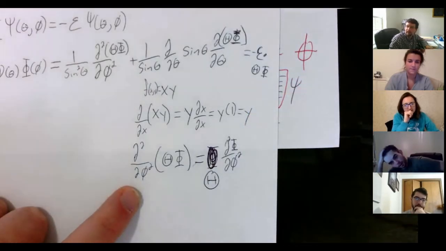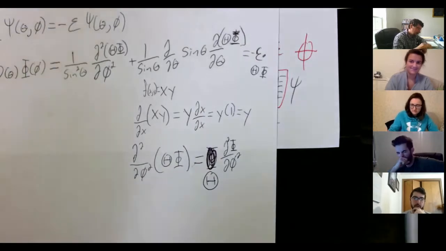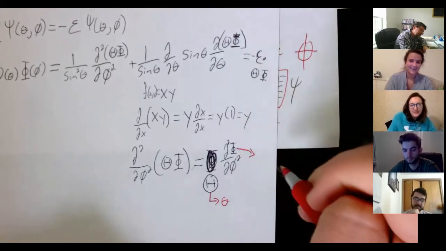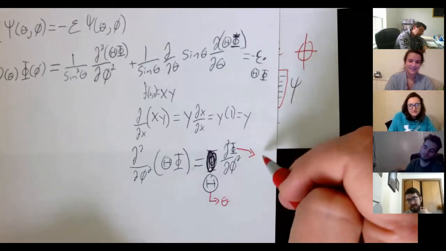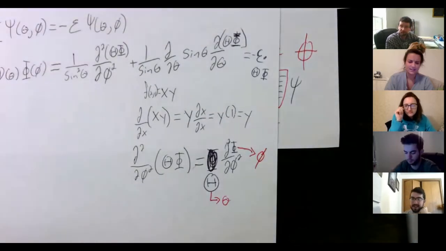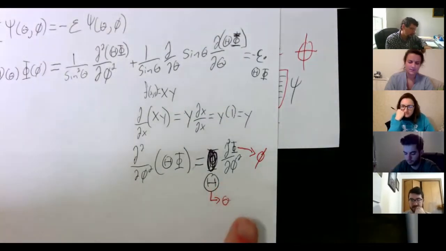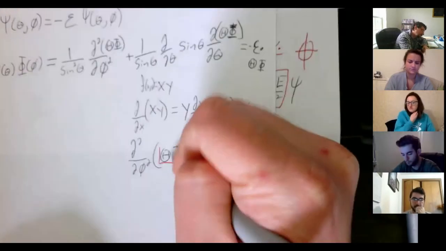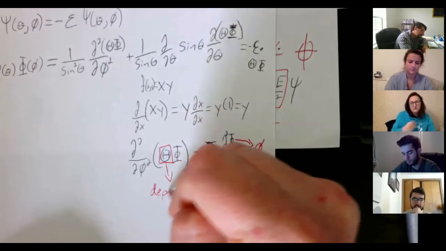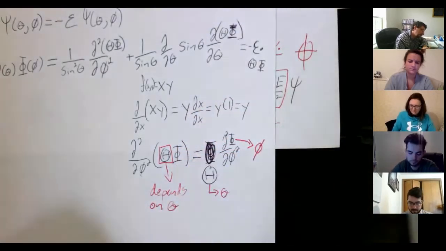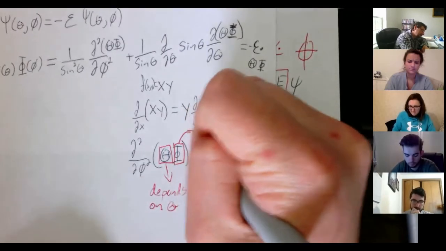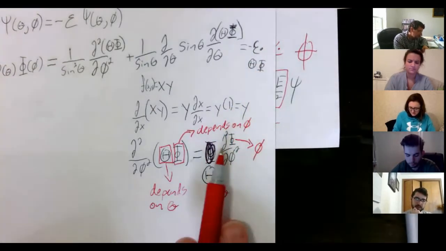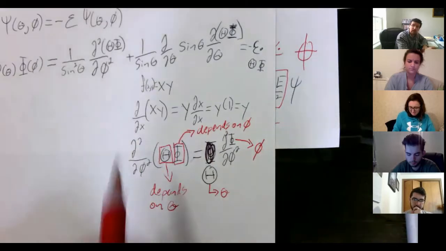Because this one depends on theta. What does this one depend on? Just phi. Okay. So we're going to use that type of knowledge where this function right here only depends on theta, and this guy right here, what does it depend on? Phi. Right.